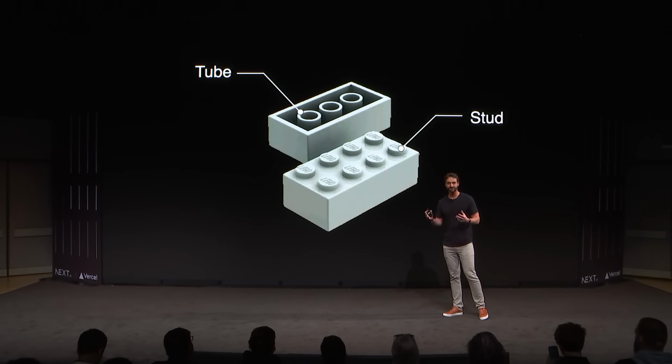It's a brick that has tubes and studs, and you can snap them into each other. And that's it. That is all you need to know to build basically anything you want. You can start snapping Legos together, and you can get smaller pieces into bigger pieces. You can snap those big pieces into each other, and you can keep going until you have what you want.